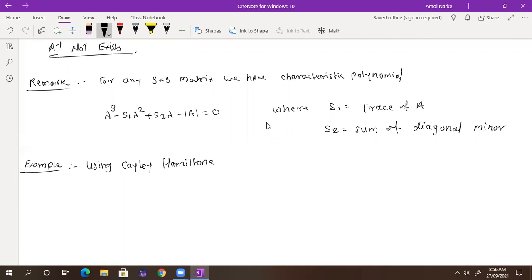Cayley-Hamilton theorem, T-O-N only, not E. Find inverse of A. What they have given: A equals 2 minus 1 1, 3 minus 2 1, 0 0 1.